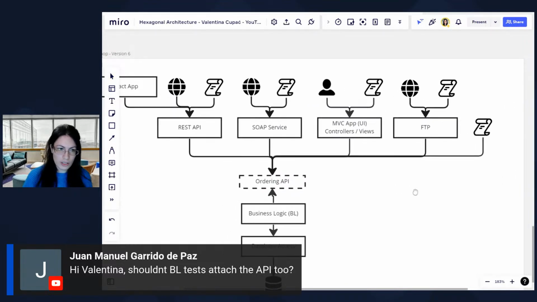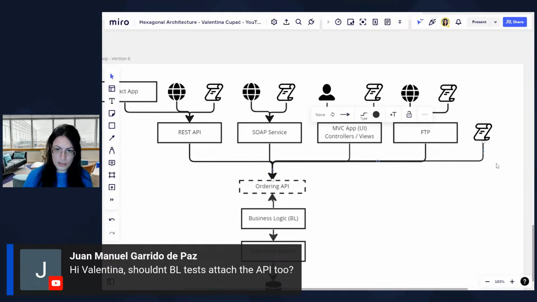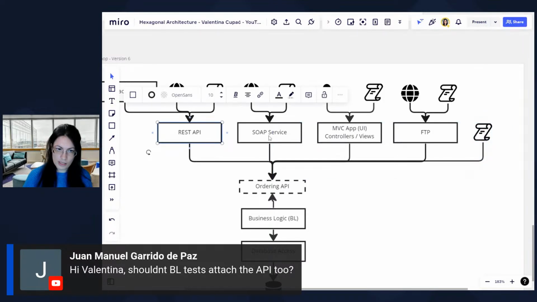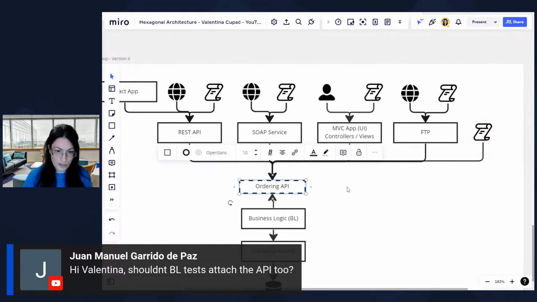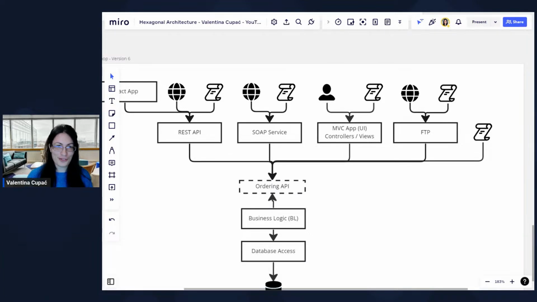And if we look at this image here, we can see that our tests are at exactly the same level as the REST API, as the SOAP, etc. So they are all actually interacting with the business logic strictly through the API. So that's an excellent one. Thanks for that. So I updated the diagram now. Okay, great. We did a lot of improvements now.